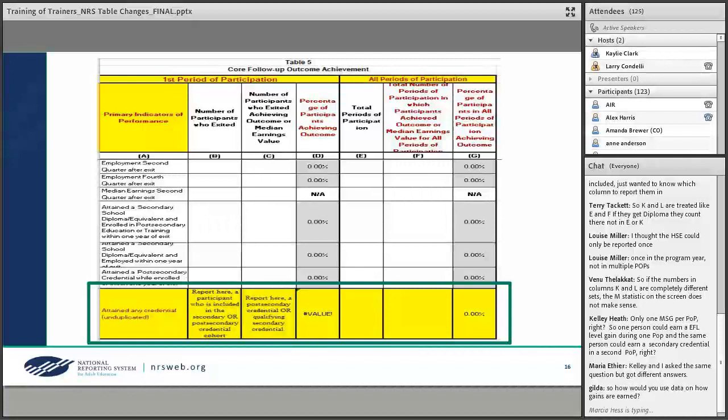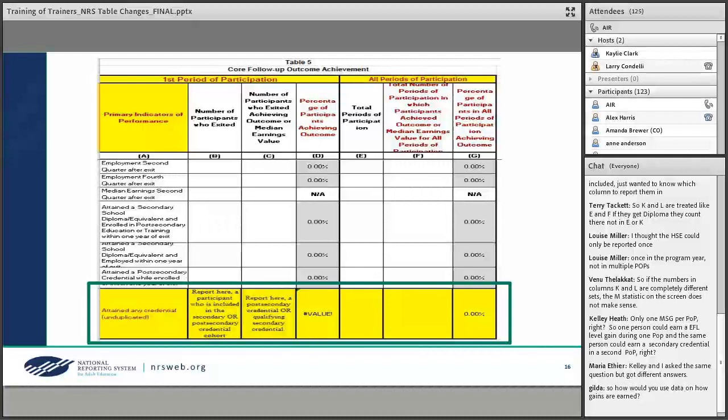So we wanted to break that out to look at how people were achieving that credential. But the problem with that is it created duplicate counts, and in the state performance report, you cannot have duplicated counts. So by having this new row where we just put the unduplicated count, it now aligns with the state performance report. And that was the idea behind it.